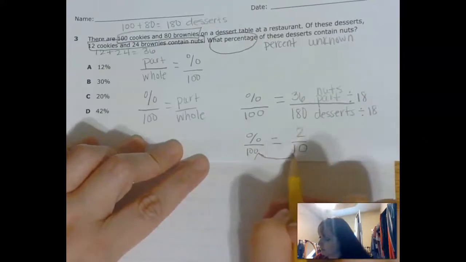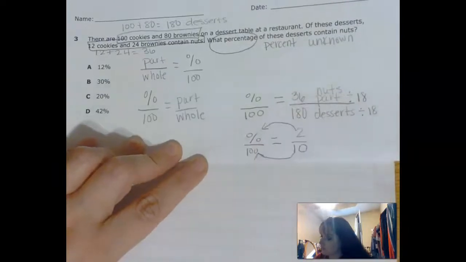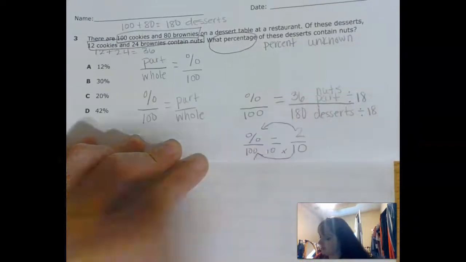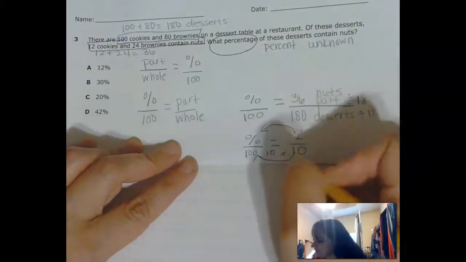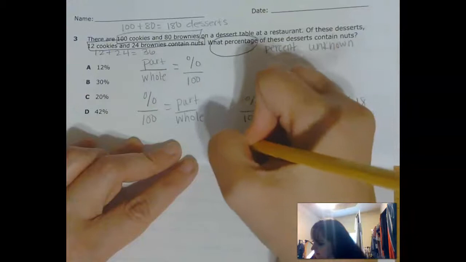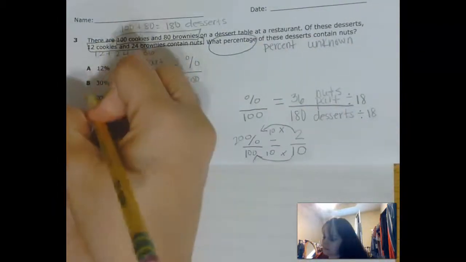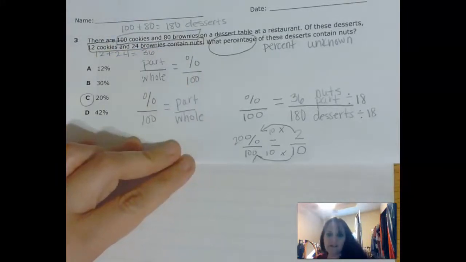How did I get from 10 to 100? 10 times 10 is 100. So 2 times 10 is 20%. So that would be answer choice C. So 20% of the desserts contained nuts, and 80% of them did not.